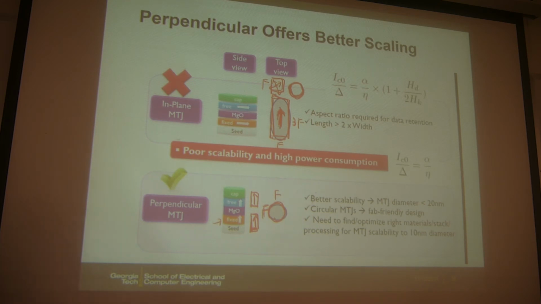This can achieve the same kind of data retention because you have asymmetry from the pointing up and pointing down perspective. But from the layout perspective, from top view, your area is just F and F, right? So this will offer you better scalability. That's why industry switched to this perpendicular MTJ these days to allow the better scalability.